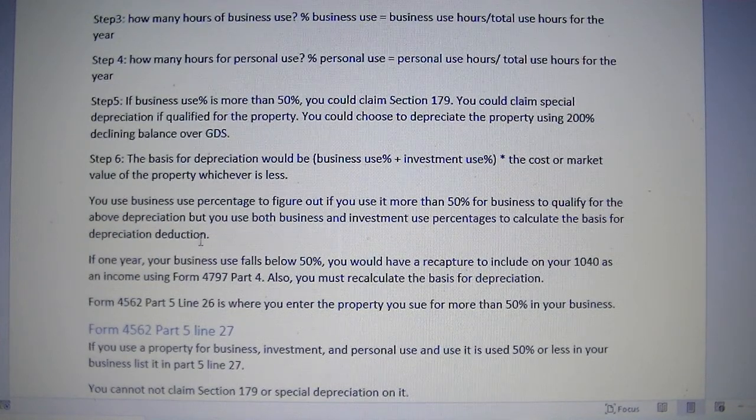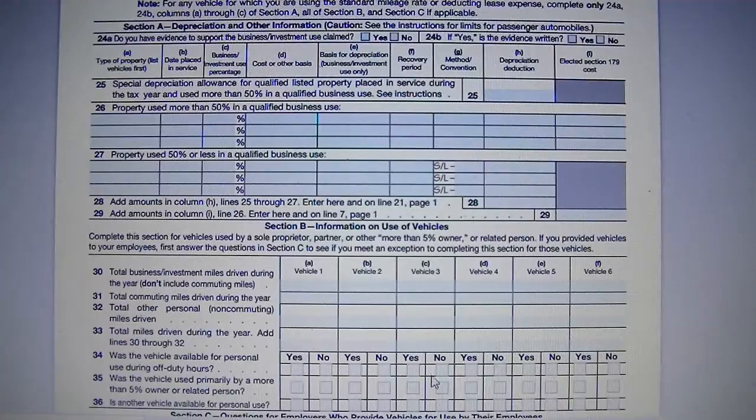So you'll use Form 4797, Part 4, to calculate the recapture. We will talk about that a little bit further down. But Form 4562, Part 5, line 26 is where you enter the property you use for more than 50% in your business.